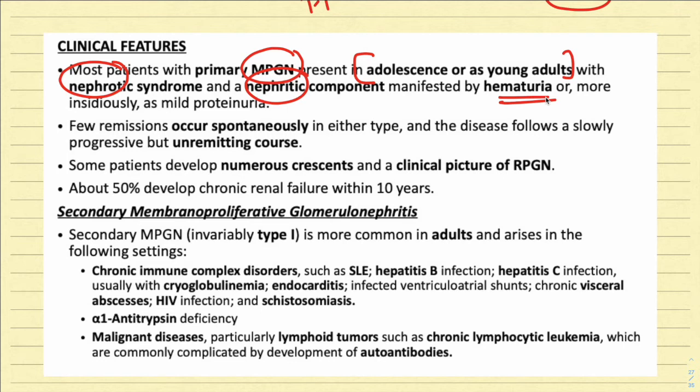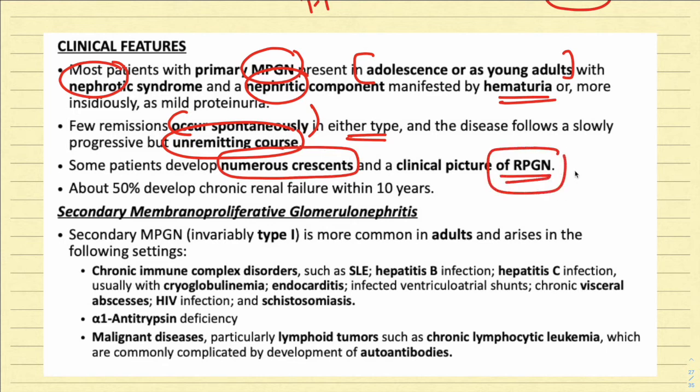But if you have an option with both of them, then you will choose both. Few remissions can occur spontaneously in either type, and the disease follows a slowly progressive but unremitting course. Some patients can develop numerous crescents, and they might present as RPGN also. Around 50% of patients develop CRF within 10 years.